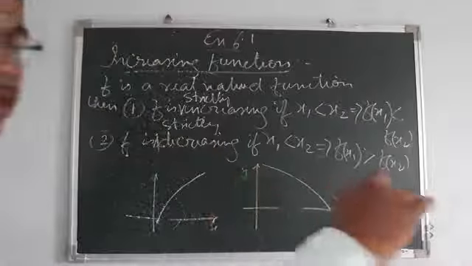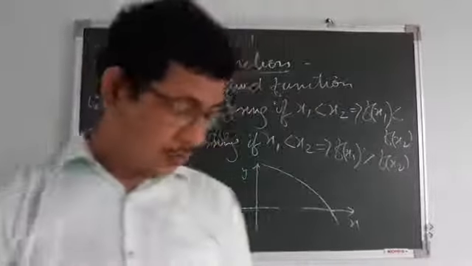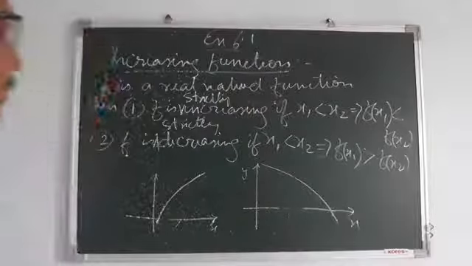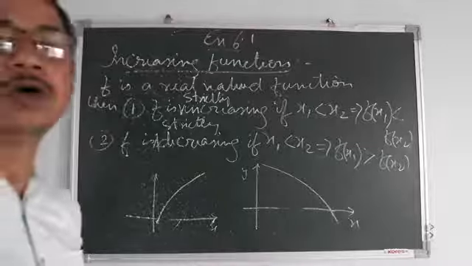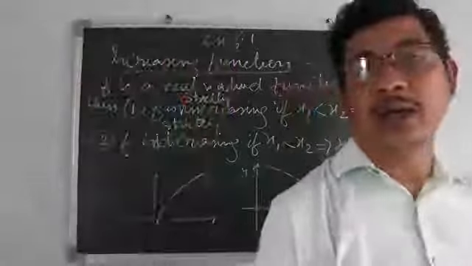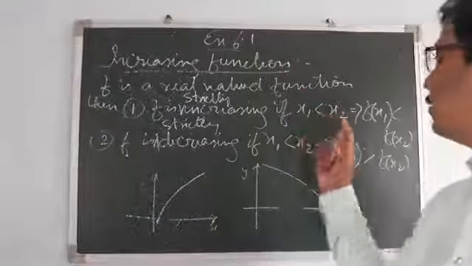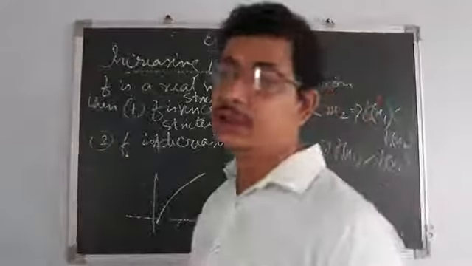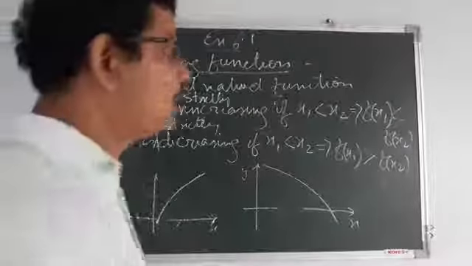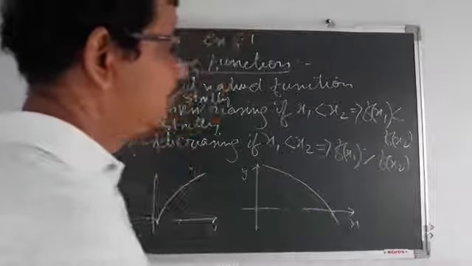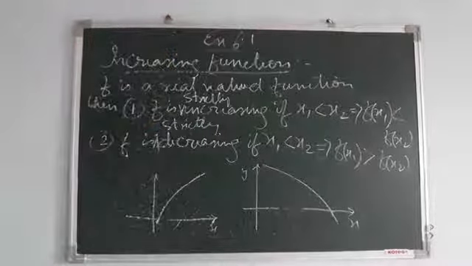No equality is there. I want to repeat this: f is a real valued function on a domain I, and if x1 less than x2, then f(x1) less than f(x2), not equal to, then it is strictly increasing.